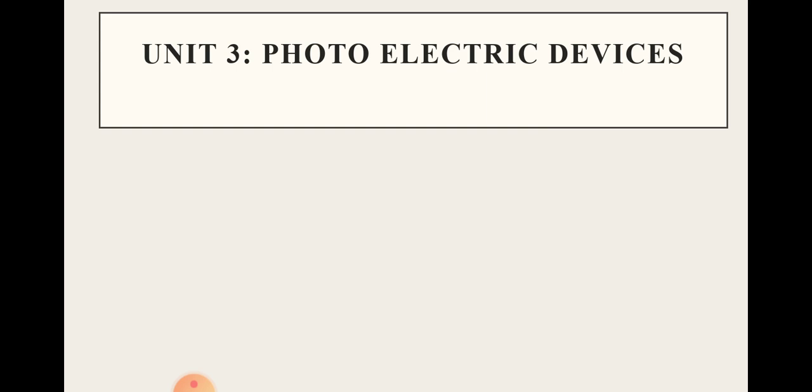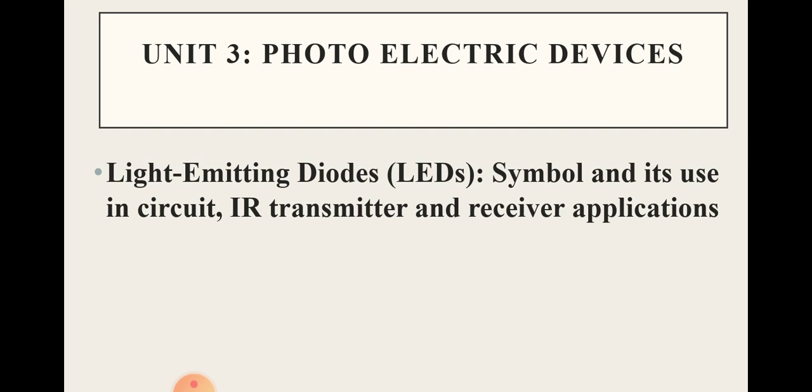So let us move towards the next point, and that is unit 3. Unit 3 is photoelectric devices. Photo means light. So the devices which work on light and electric parameters are known as photoelectric devices. Which devices are these? Let us see. The first device is light emitting diodes.